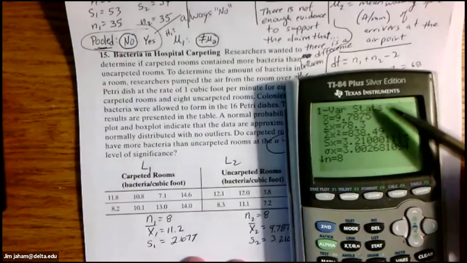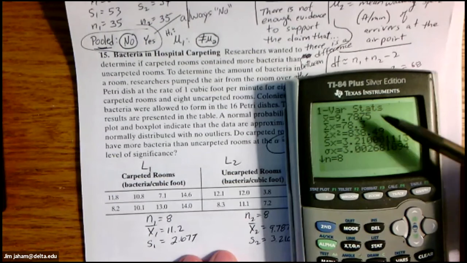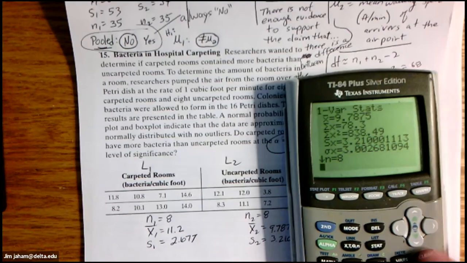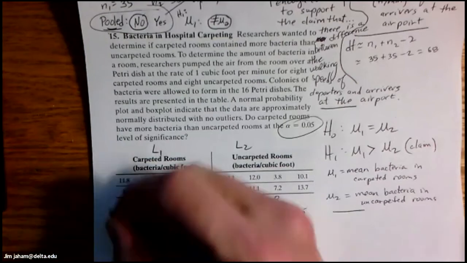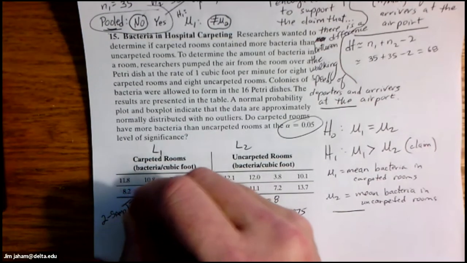Now this is an optional step because when you run the two sample t-test, it'll actually calculate the mean, the standard deviation, and the sample size of both groups for you. So I want to show you how that happens. So we're going to run the two sample t-test.